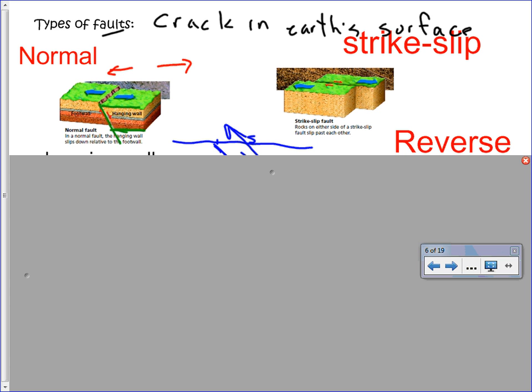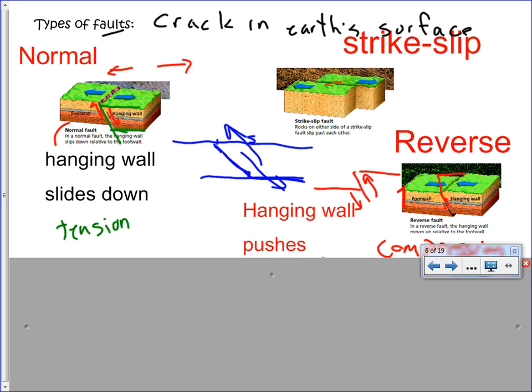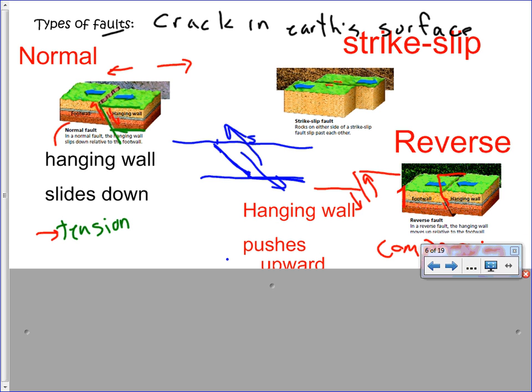So you've got tension, and because there's a crack in the Earth's surface there, this wall, this area, kind of falls down compared to this area. In the textbook, it says in a normal fault, the hanging wall slips down relative to the footwall. Anyways, the point I want you to know is that this is tension, and this part slides down.